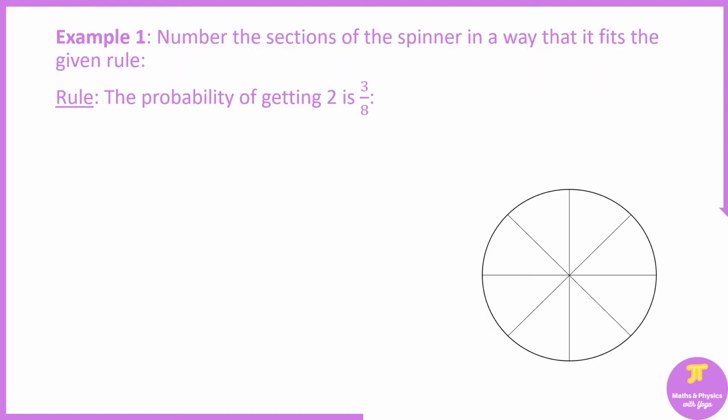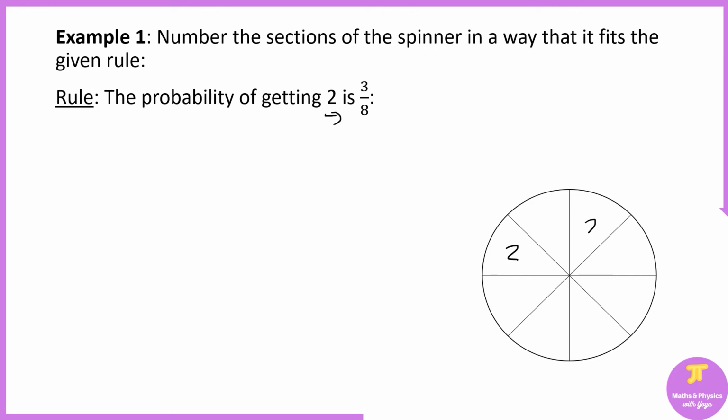Let's have a look at an example. Number the sections of the spinner in a way that it fits the given rule. What is the rule? The probability of getting 2 is 3/8. If you look at the spinner, there are 8 portions. You want to get 3 out of 8 possibility, which means number 2 should appear in 3 places.